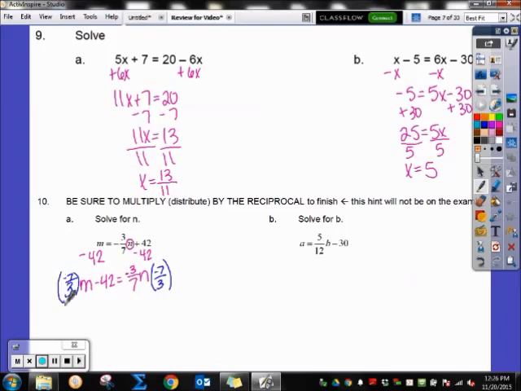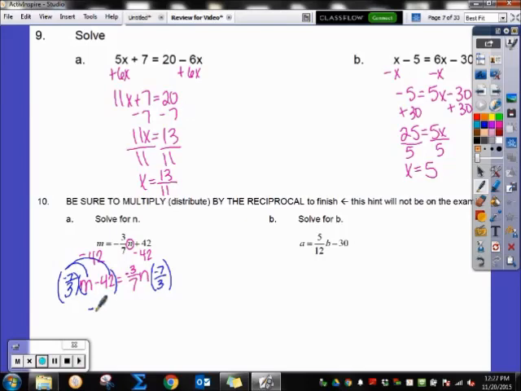And this next part is where that hint comes in at the top, because you're not just multiplying the negative 7/3 by m, you're actually multiplying it by everything on that left-hand side, which is where the distribution comes in. Please don't forget to do that.